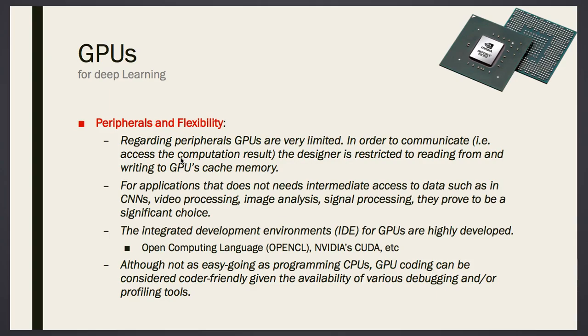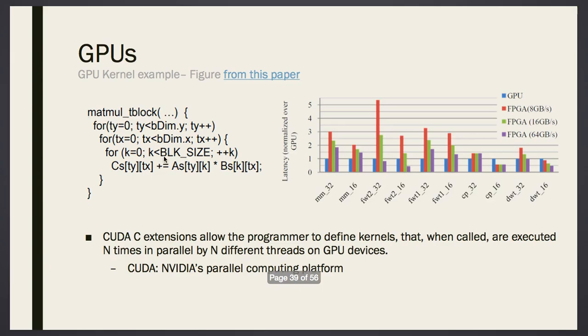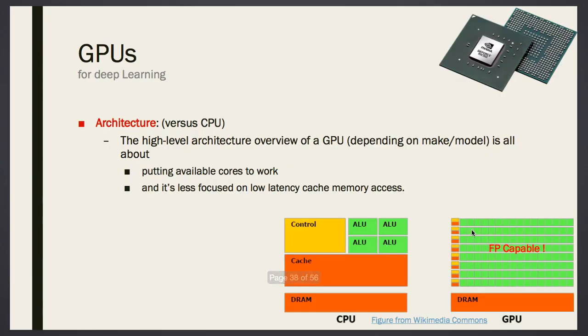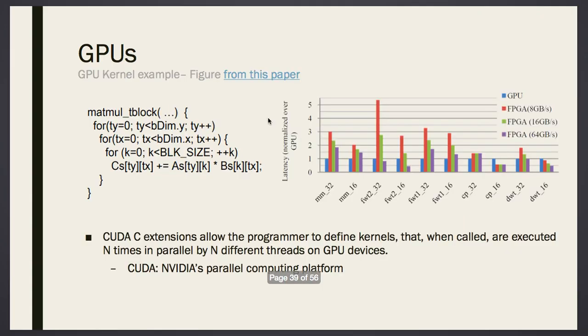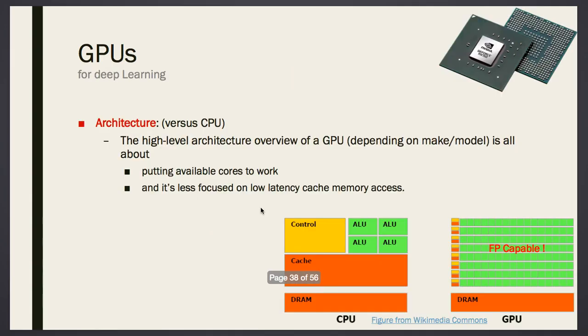How about their programming? They are not as easy to program as CPUs, but GPU coding has become very widespread, and it can be considered coder-friendly because you're writing code like this. Well, you have to have an idea about the underlying architecture, and you write your code according to this architecture. For example, you put a part of the image in this memory along with the filter. This is running a part of the image here, and this is running another part of the image here.